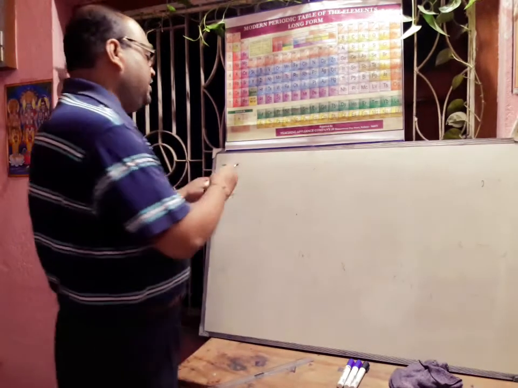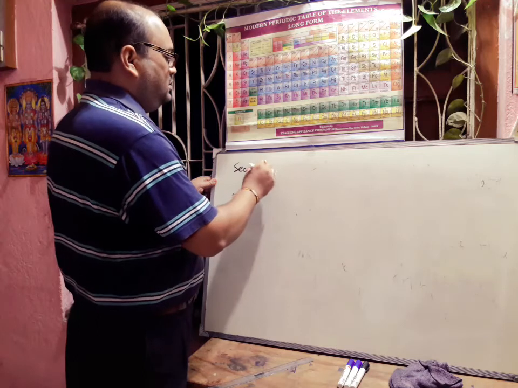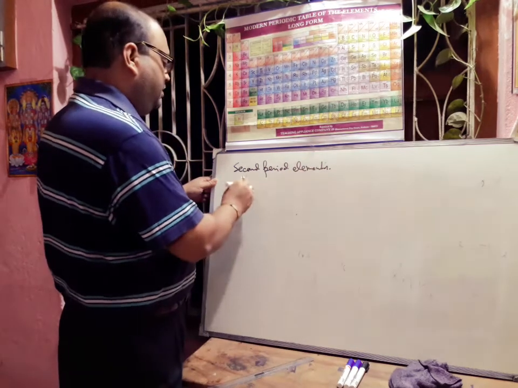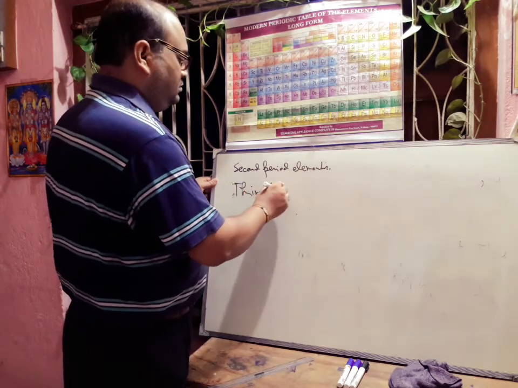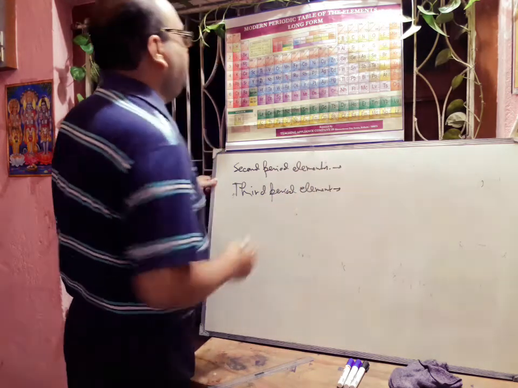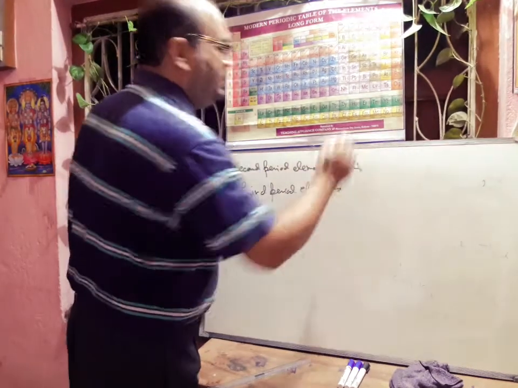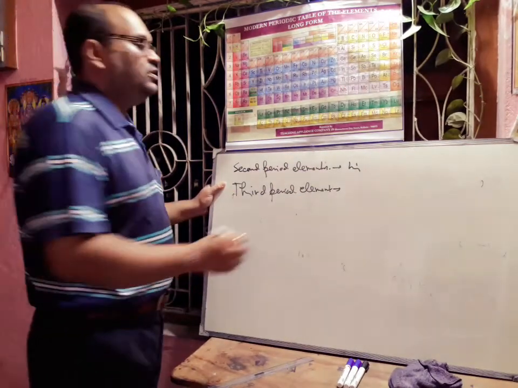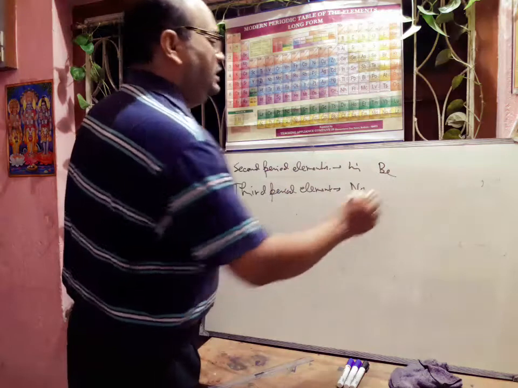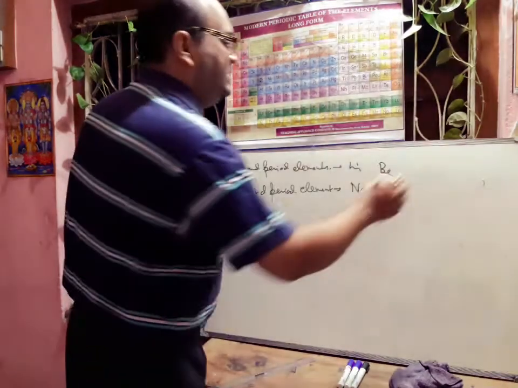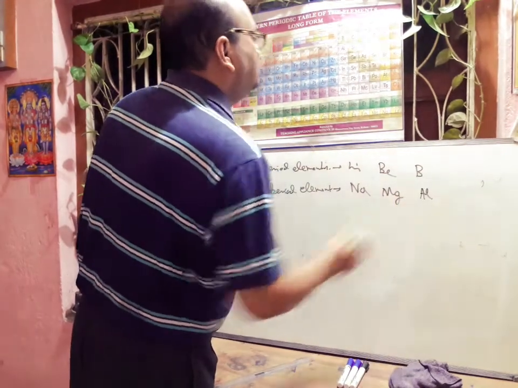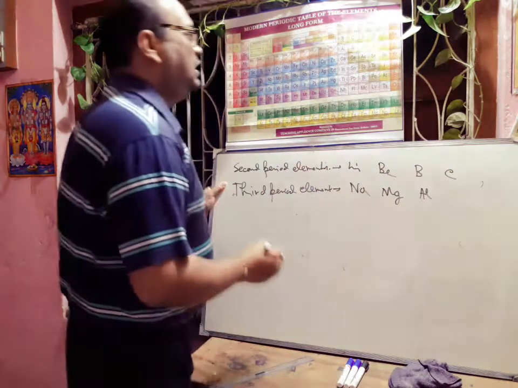So if we write the second period elements and third period elements: from the second period we take lithium, and here is sodium, then beryllium, then magnesium, then boron, and here will be aluminium, then carbon, and here will be silicon.